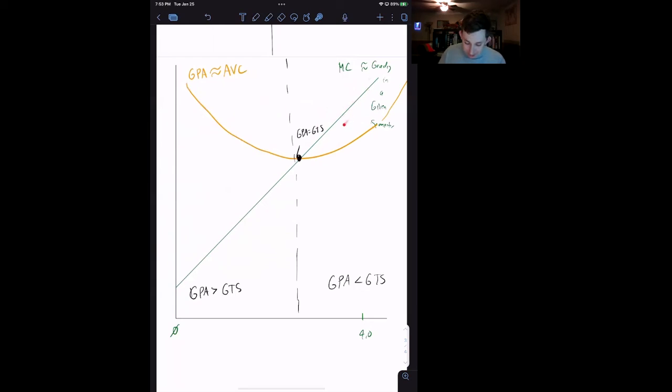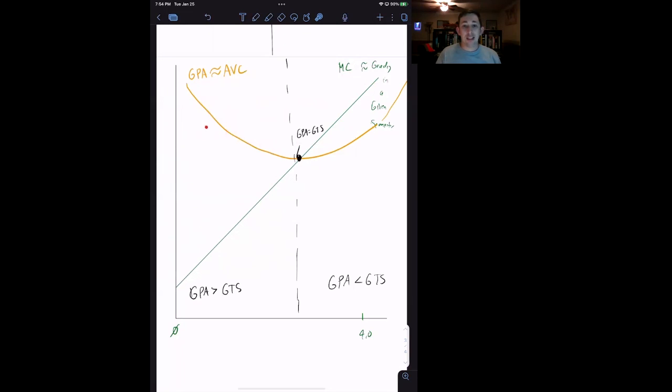On the other side, when your marginal cost is greater than your average variable cost, when your grades this semester are higher than your overall grades, then your GPA is rising. Your grades this semester are pulling up your GPA. And that's exactly what's happening between the marginal cost and the average variable cost functions. When marginal cost is above average variable cost, marginal cost is pulling that average variable cost up.